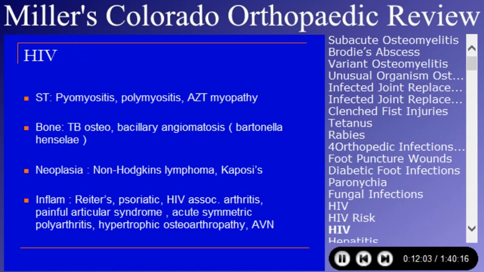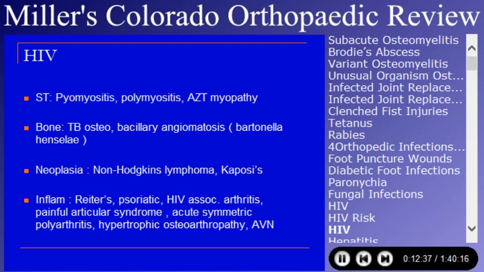There are other entities, though, associated with HIV that haven't, as far as I recall, shown up on in-training yet, but you would think they're bound to be showing up any time with the recent literature in the Journal of the American Academy of Orthopedic Surgeons. They get soft tissue infections, pyomyositis, can be tricky because of the AZT myopathy.